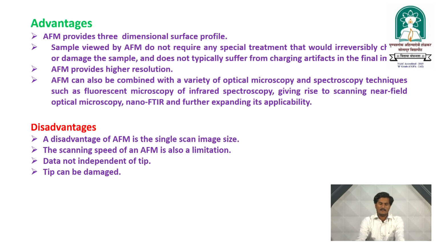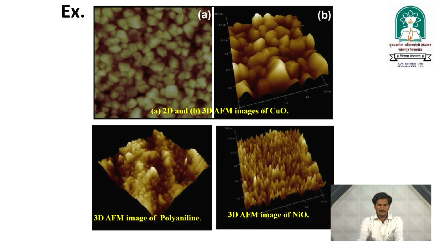Also, the data obtained is dependent on the cantilever tip, meaning it depends on the type of tip material or type of tip, and during the scanning process the tip of the cantilever can be damaged.